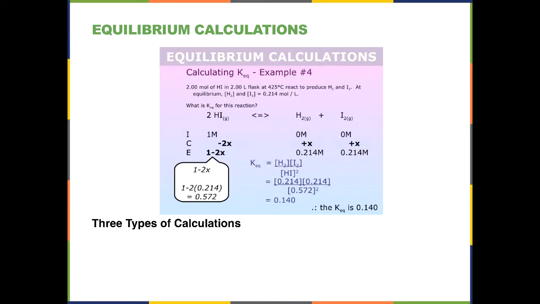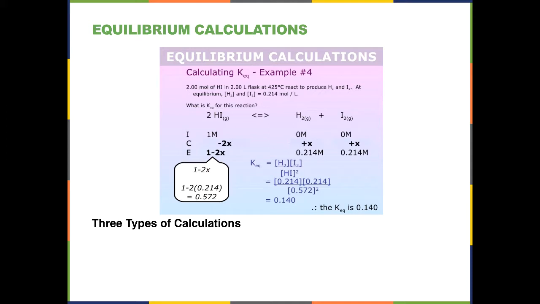So there are 3 types of calculations that you can perform given any particular set of numbers, and so there are 3 types of problems that I can give you. The slide itself is an example of one of them.